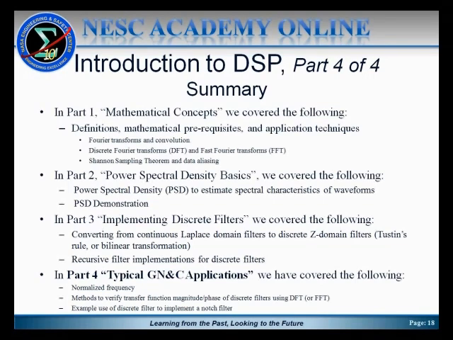In Part 2, which was entitled Power Spectral Density Basics, we covered primarily the definition of power spectral density, or PSD, and how it's used to estimate the spectral characteristics of waveforms. And we discussed also some of the tools that are provided as part of normal PSD products to allow you to enhance the spectral characteristics and get rid of some issues that make it difficult to interpret what you have.